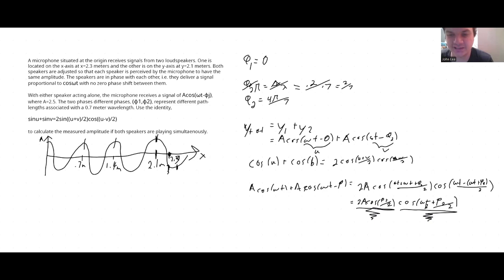However, in this case, because they're out of sync somewhat, you're going to get that phase factor of phi 2 over 2 for your cosine, which is going to bring the amplitude to 2a cosine phi 2 over 2, which is 2a times cosine of 2 pi over 7.